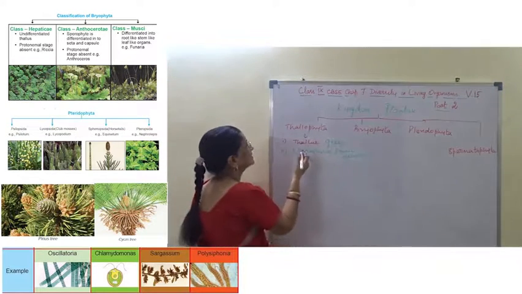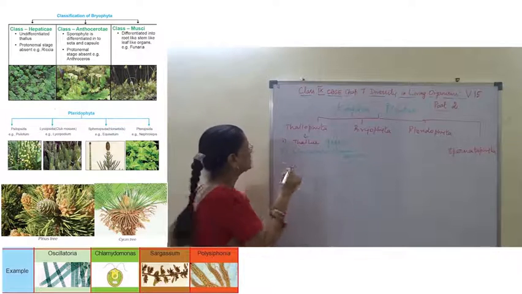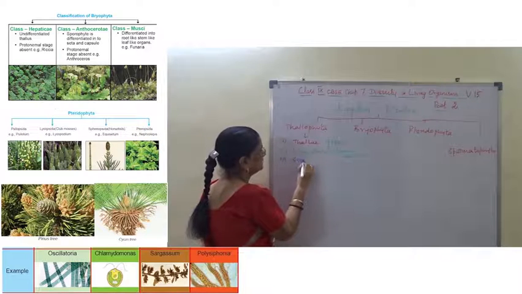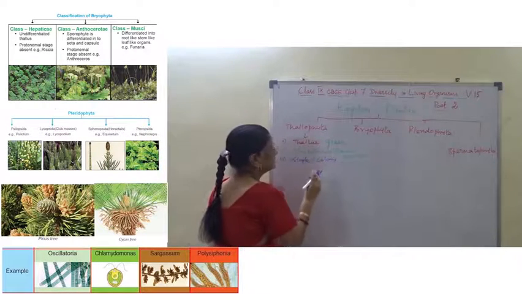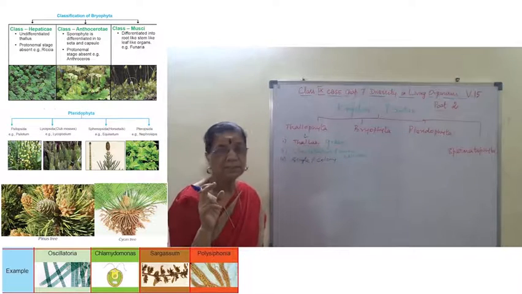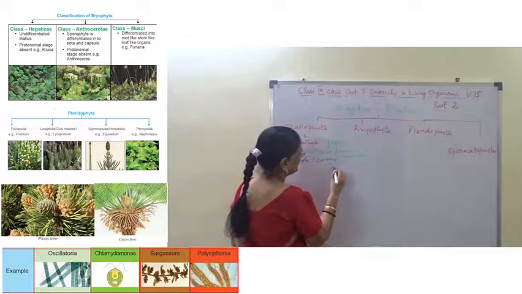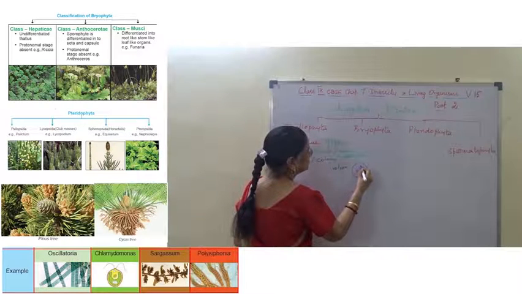A single example is Chlamydomonas, only one unicellular organism, whereas a colony example is Volvox, which always occurs in groups.